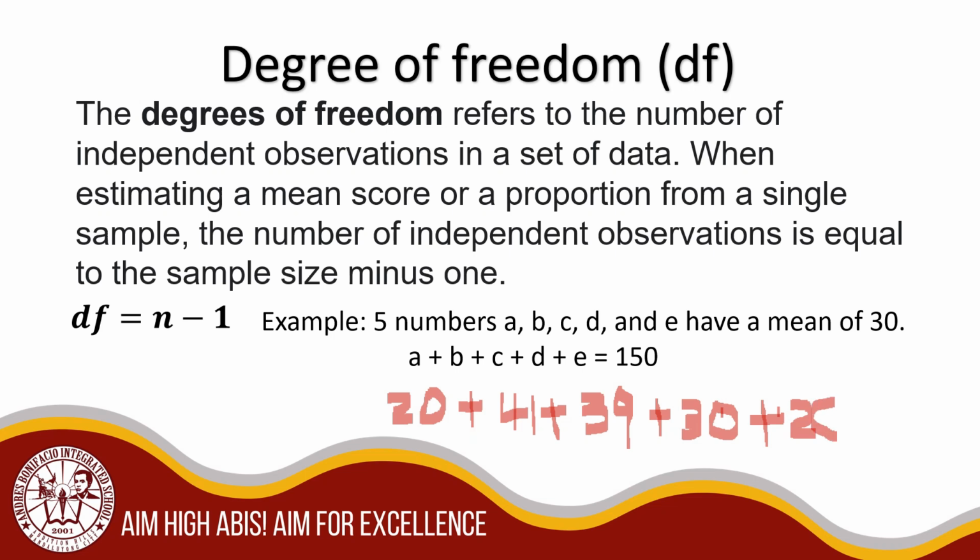Kaya nga sa degree of freedom, laging may -1 kasi yung panghuli or one of the observations will not be independent. So yung apat lang. So the maximum number in a sample that has an independent observation is n-1. So may bawas na isa. Yun po ang kaya nagkaroon ng n-1.